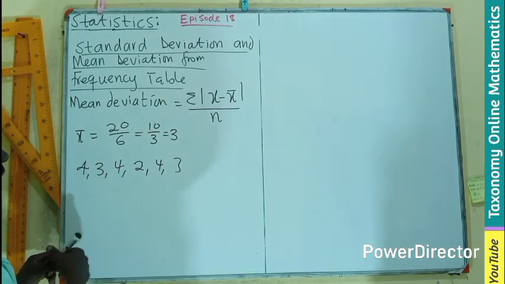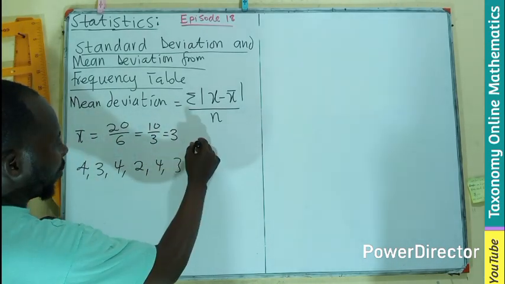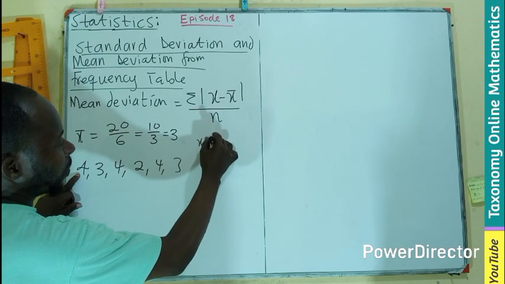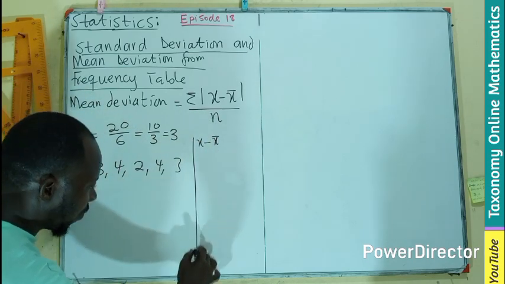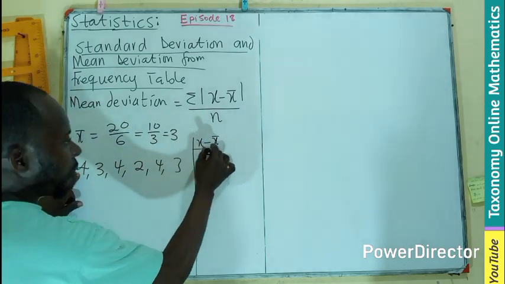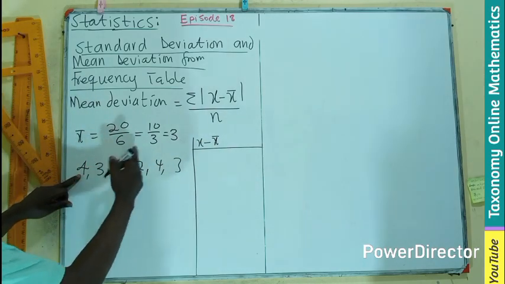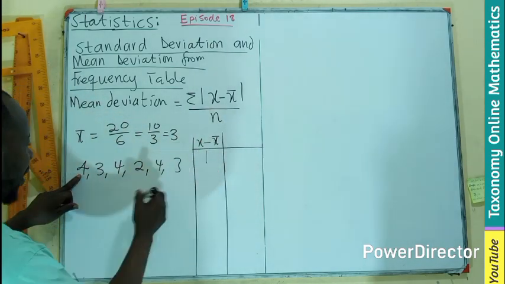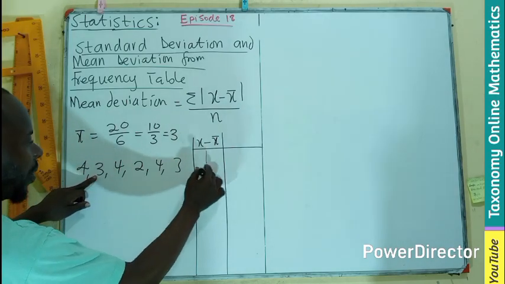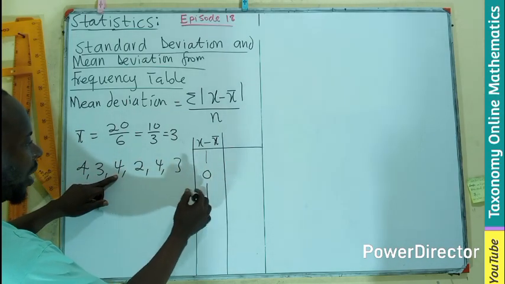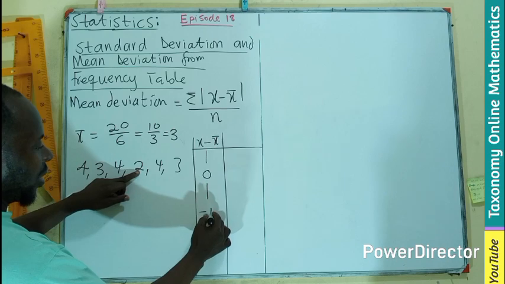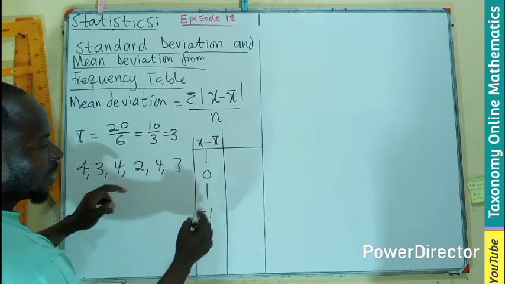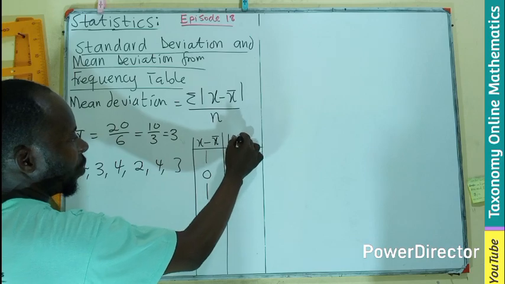Okay, so let's generate a table. Let me leave the x here. I have x minus the mean, meaning this value minus 3. That will give you negative 1. This minus 3 will give you 0. This minus 3, 1. Then the absolute bar of this.